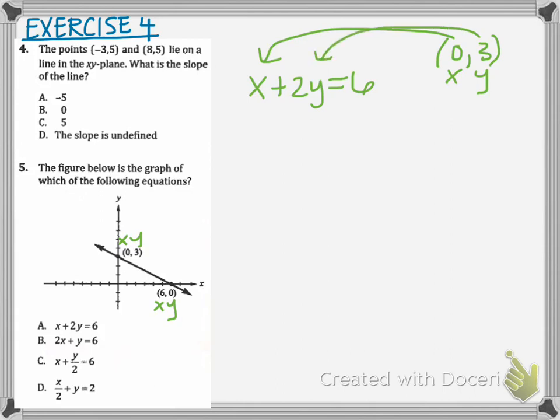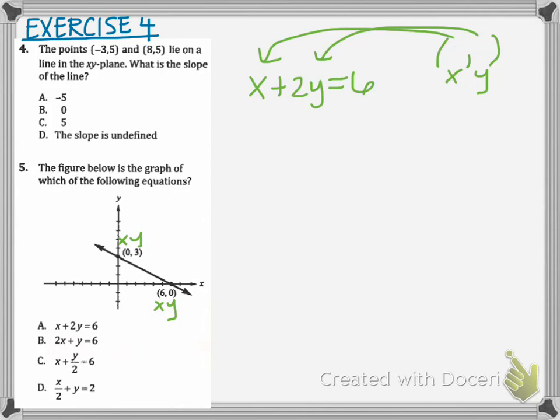So it's going to look like this. For x, I'm going to put 0 plus 2 times, for y, 3, so times 3 equals 6. Then I simplify. 2 times 3 is 6, plus 0 is 6, 6 equals 6. Yes, it makes that true. Then I'm going to do the same thing with the other point, which is 6, 0.